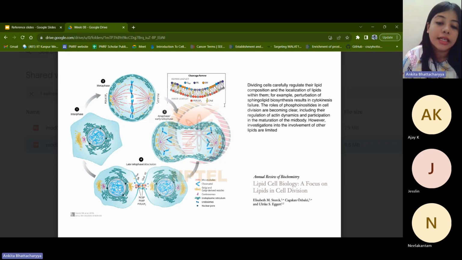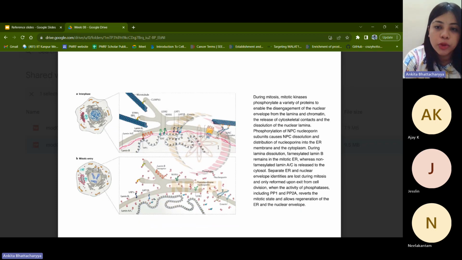Basically, lipids themselves also have a role to play in cell division. You can't just divide the nuclear material of a cell and be done with it. All of the organelles have to double. The lipid material of the cell also has to double, and therefore there's a separate lipid biology that is also studied with respect to cell division. Here you can see it in more detail.